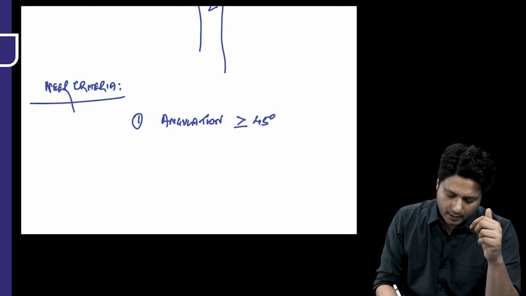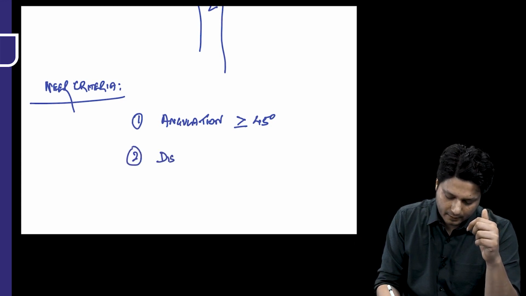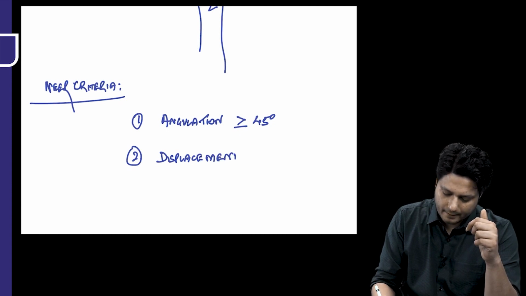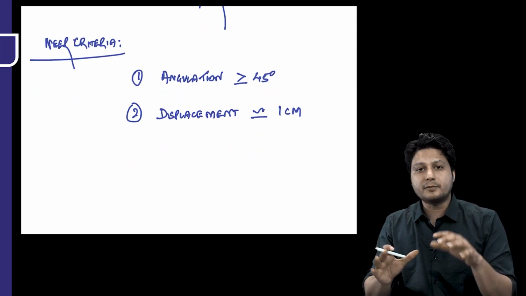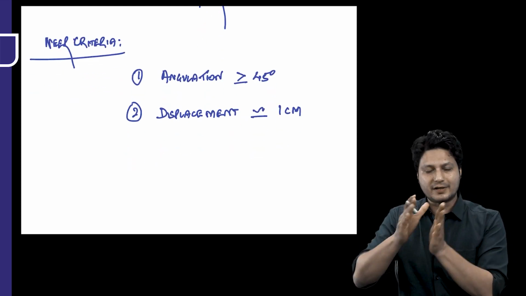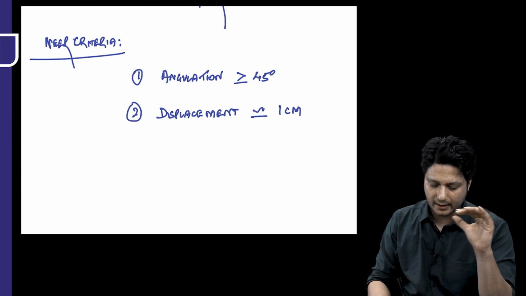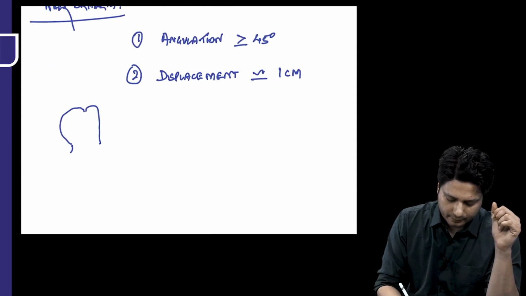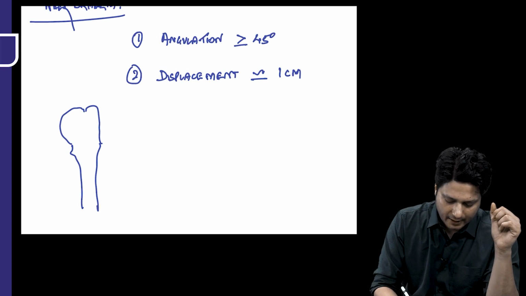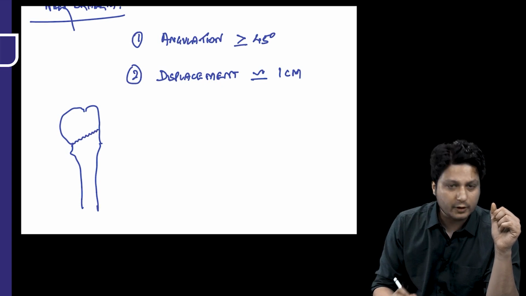Point number 2, the displacement at the site of the fracture has to be almost up to 1 centimeter. Then it becomes the criteria that the fracture is said to be a displaced fracture. Just take an example. For example, if this is the humerus bone, and here we are having the fracture of the proximal part of the humerus.